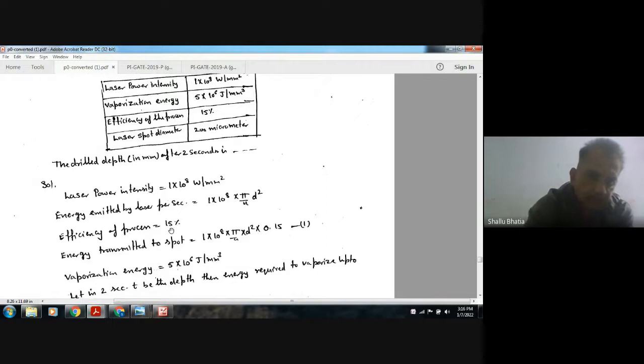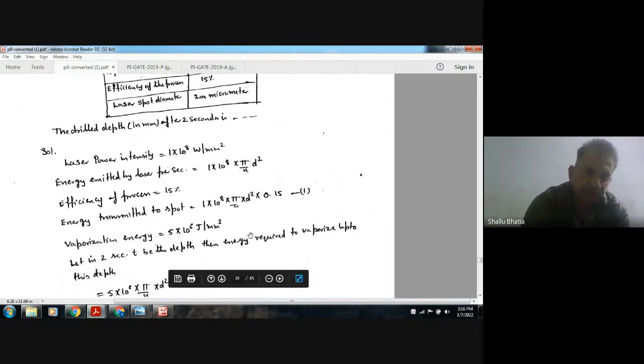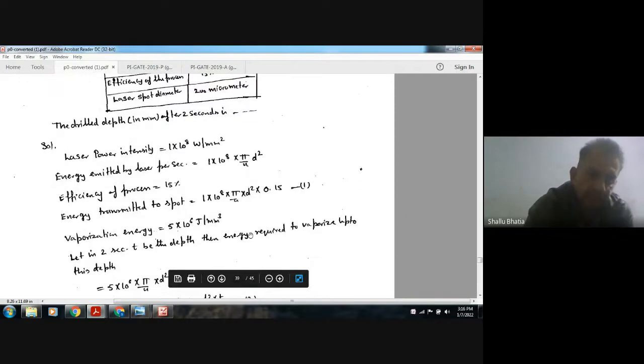As the efficiency of the process is 15%, the energy transferred to the spot will be the emitted energy times the efficiency. The laser will vaporize the material, as the vaporization energy is given as 5 to the power 6.